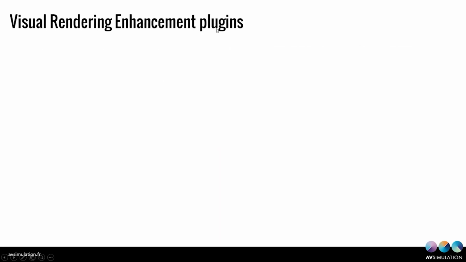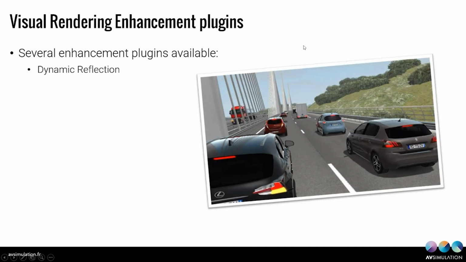Other things I wanted to point out is that the visual rendering process has several enhancement plugins, such as the dynamic reflection, in order to have dynamic reflection from the environment on the materials of the vehicle. As you can see here, you can see the bridge reflected in the vehicle.